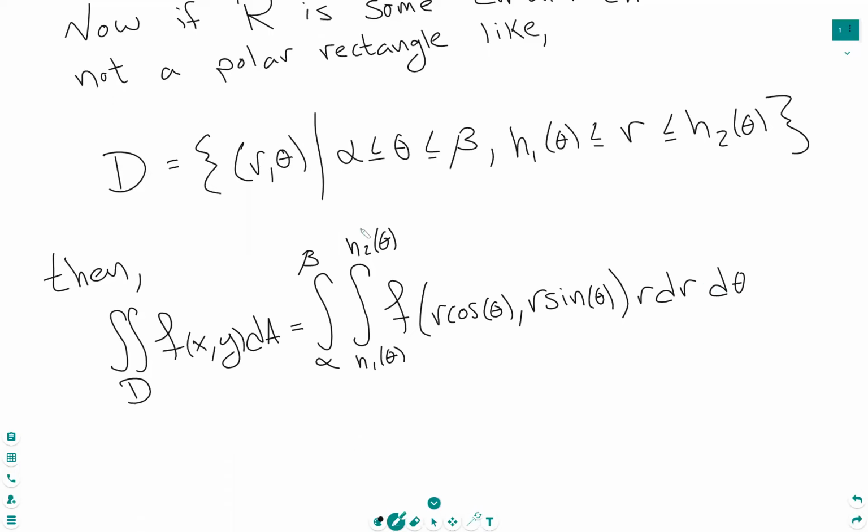So just like before, we have to make sure we do the right orientation for our integrals. Here we're doing r first, so we get rid of all of the r's in our expression and then replace them with functions of theta. And then we integrate with respect to theta, so we'll integrate out all the thetas and replace them with constants. So at the end of the day, we have just a constant left.